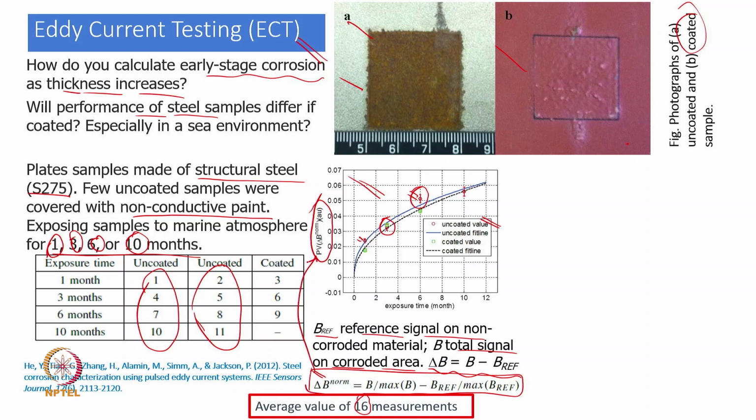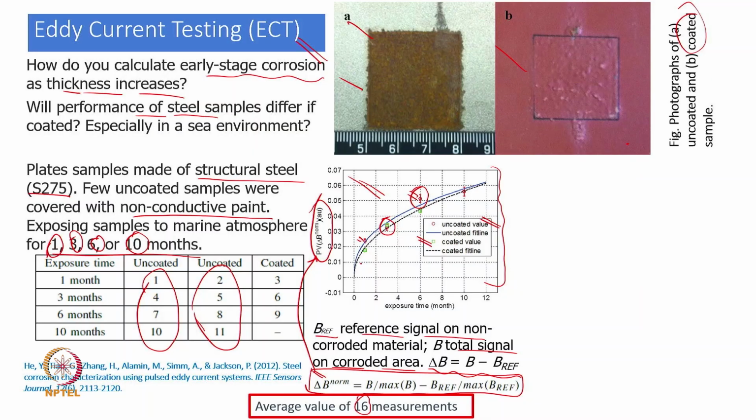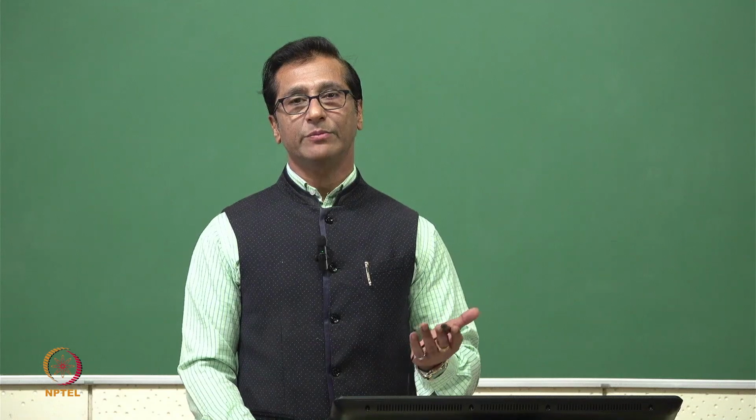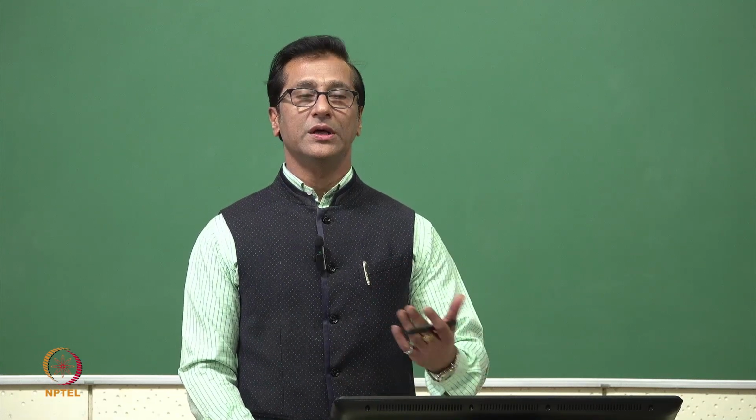But again we are able to see significant variation is not there. Of course we can say that with the coating the values are lower, the value is lower here, and lower here, but the 10th month was not checked, so this is the projected. Naturally we really require much more sophistication, much more data refinement, to get a better value.